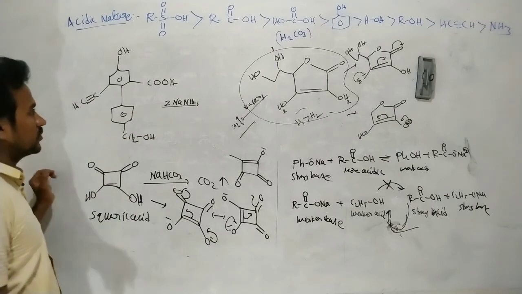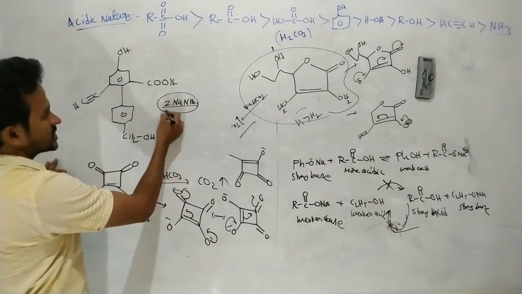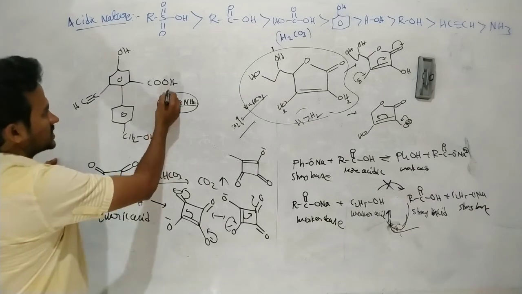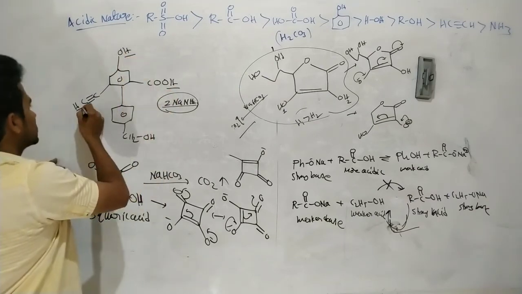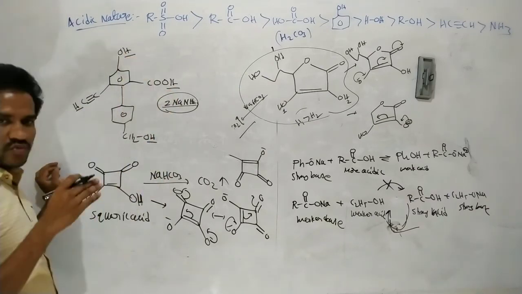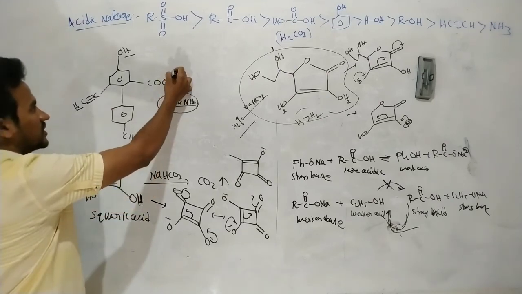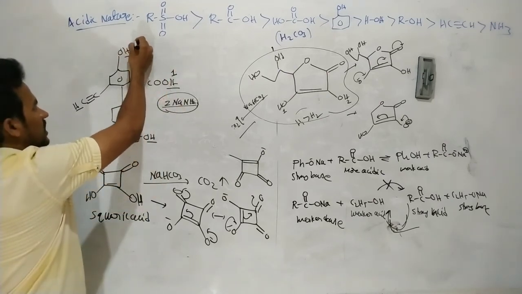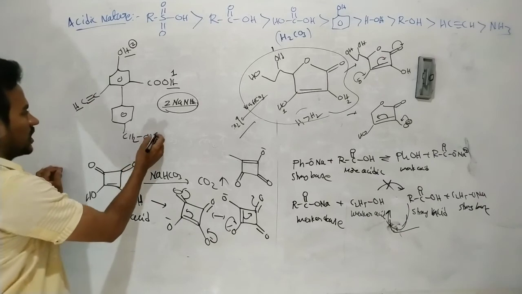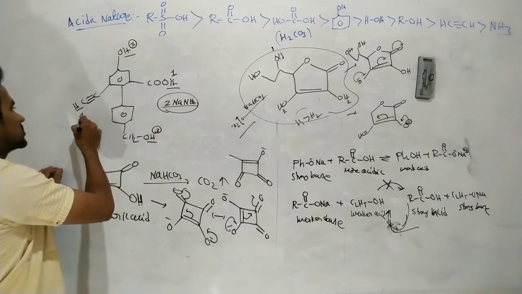This polyfunctional compound is acidic, and the base is available in just 2 equivalents. But which is the more acidic? The carboxylic acid proton is the most acidic, the phenolic hydrogen is next, and the alcoholic group is third, the least acidic.